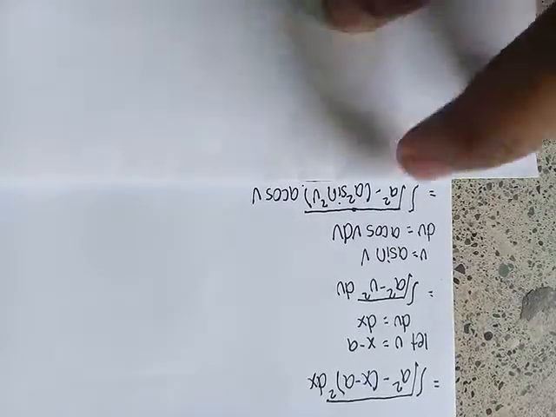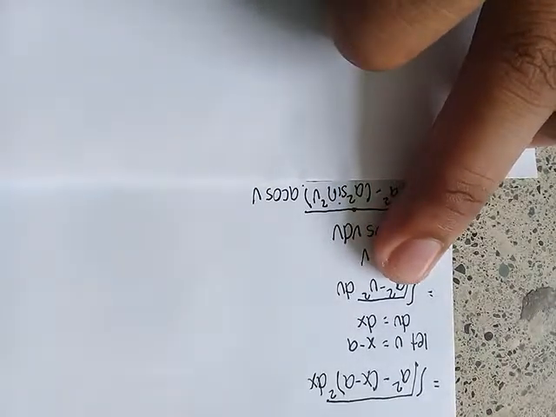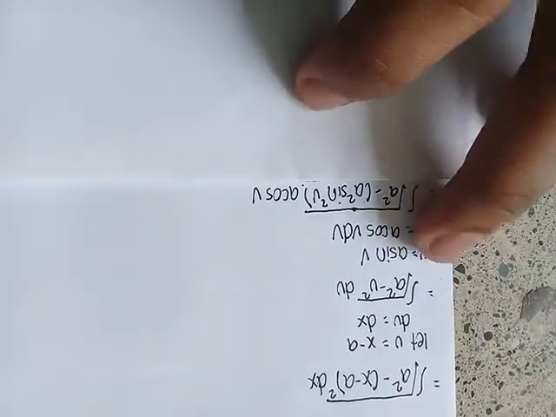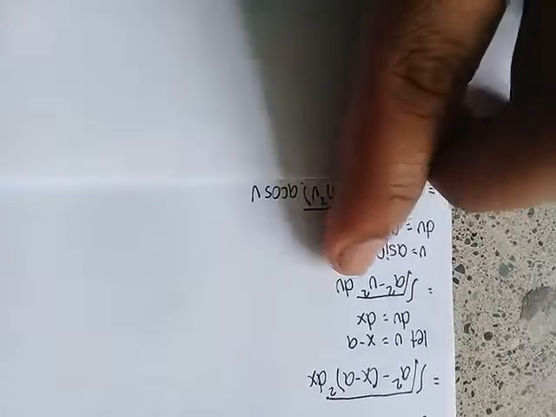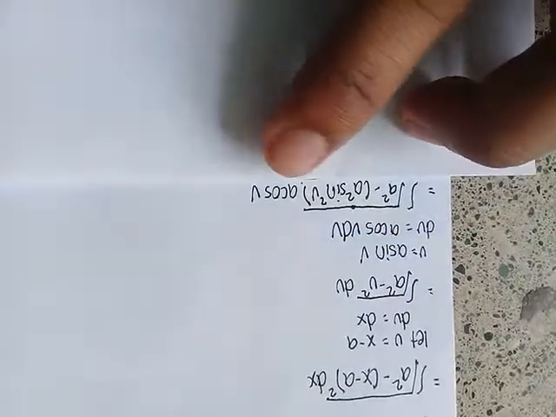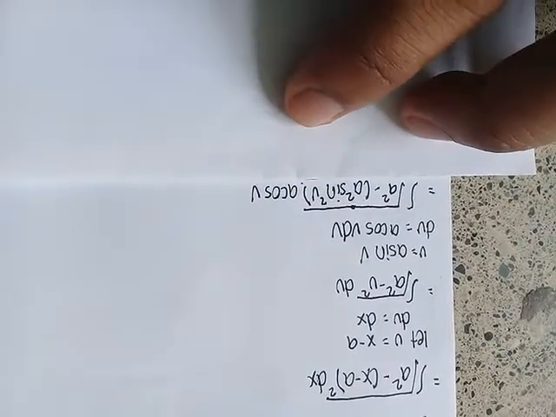So for this one, we will now substitute it into the expression here. So a squared minus, for u we have a squared sine squared v, then its du will be a cos v dv.